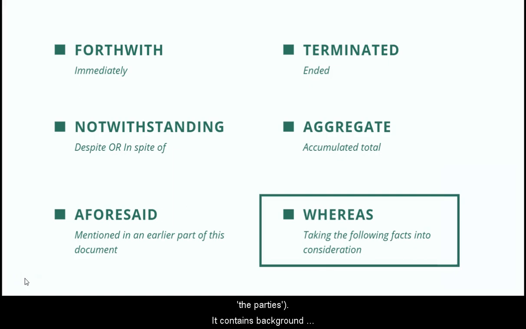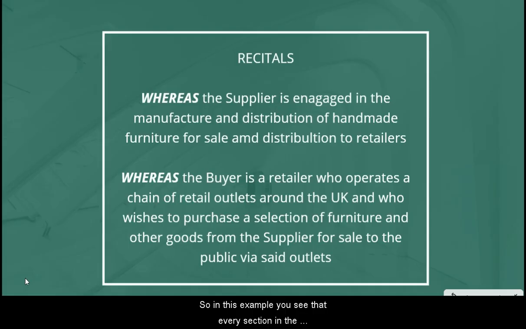It contains background information to the contract and explains why the parties are entering into the contract. It is a very old-fashioned word, something like taking the following into consideration, or the situation is as follows. So, in this example, you see that every section in the recital section of the contract starts with whereas.